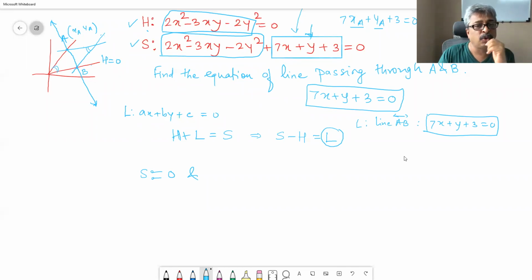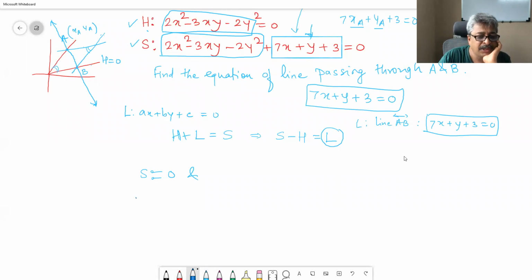You may note this. So if you want to find the angle between two lines, when S is equal to 0 is given and not H is equal to 0, it is the same formula that you must use.